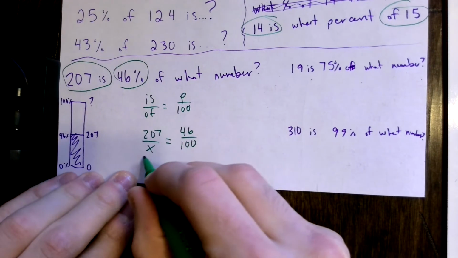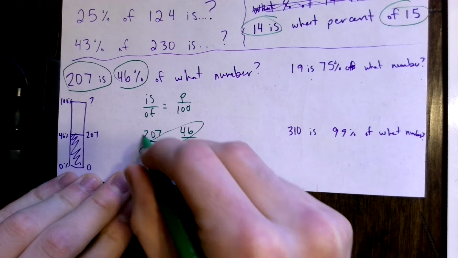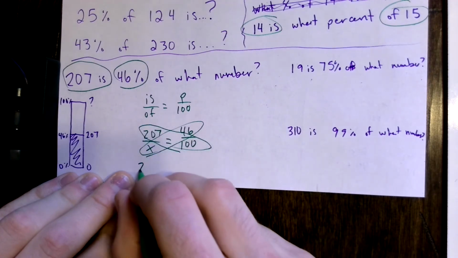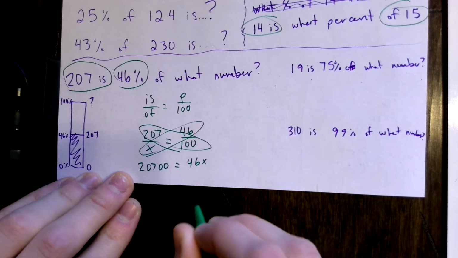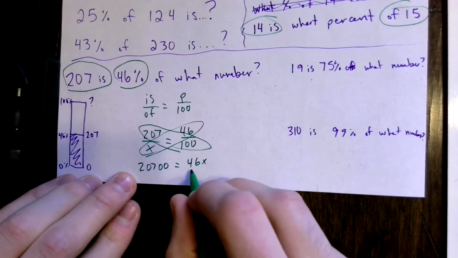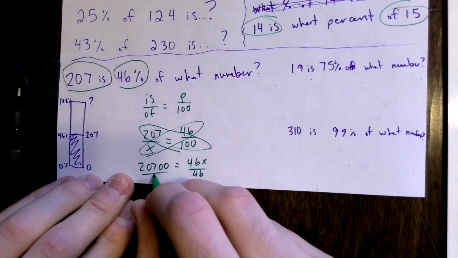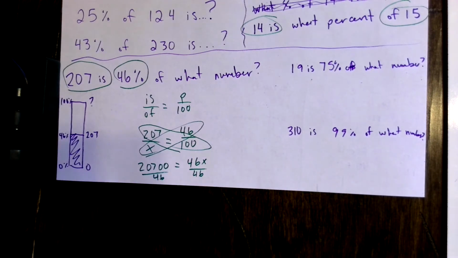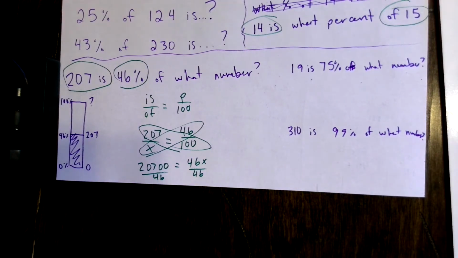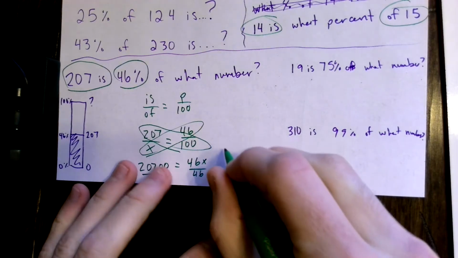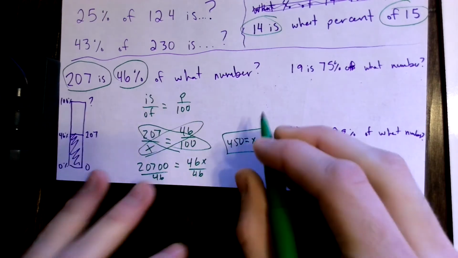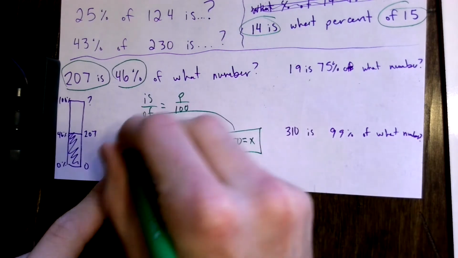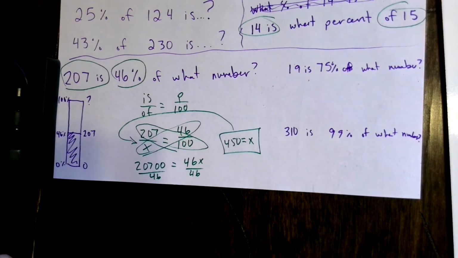All we've got to do to solve this are those same steps we've been working on. 207 times 100, add those two zeros, equals 46x. Use that cross product and divide each side by 46. Let's check this one out in the calculator, and we'll get 450 equals x. So we just figured out our of is 450.